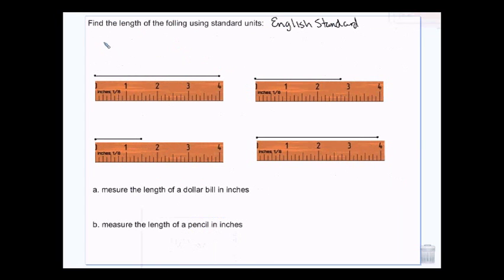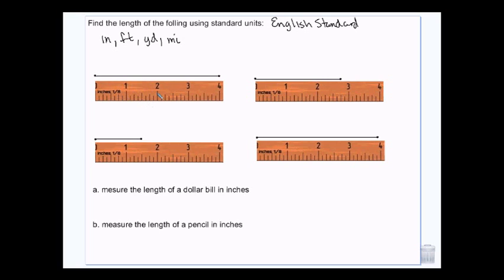In English Standard we have inches, feet, yards, and miles. Unlike centimeters, where the millimeters make nice decimal places, inches use fractions, so we're going to have to use fractions on these.